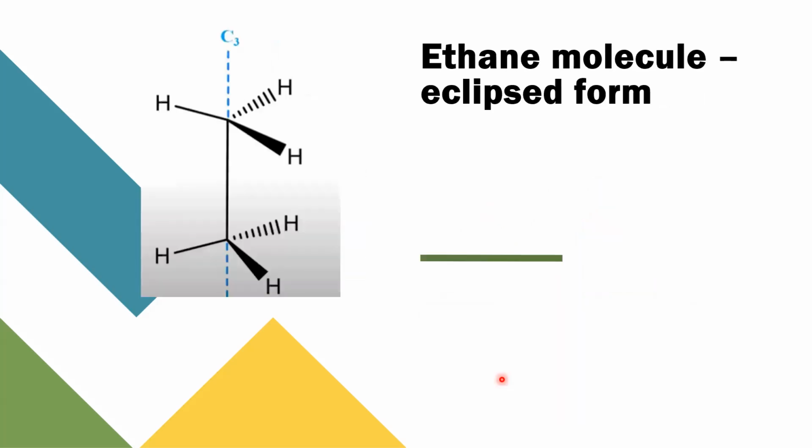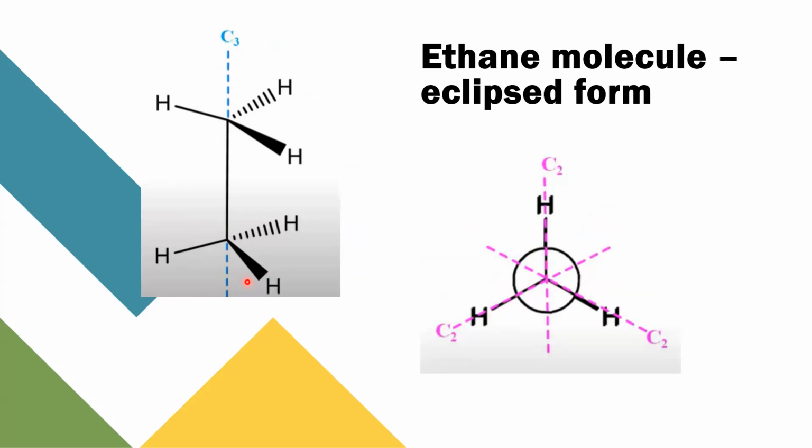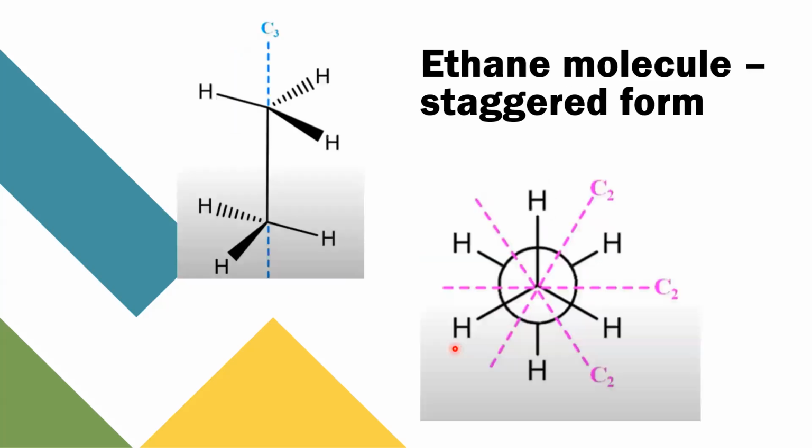So when you go to the eclipsed form, right? Again, you have the C3 axis, right? And now these hydrogens are overlapping on top of the other, right? So here we have this Newman projection. So along these carbon-hydrogen bonds, there are C2 axes. Whereas in the staggered form, the C2 bisects the closest hydrogens, right?